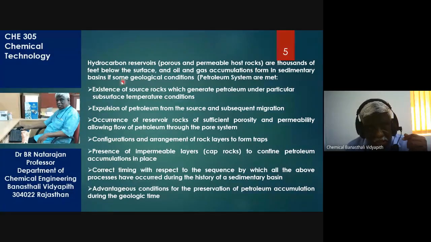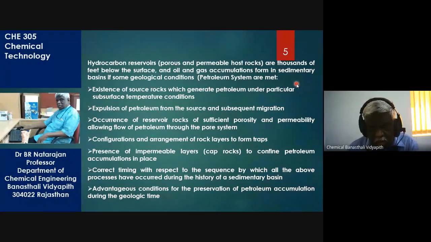They are thousands of feet below the surface, and oil and gas accumulations form in sedimentary basins if some geological conditions, which is shortly known as a petroleum system, are met.